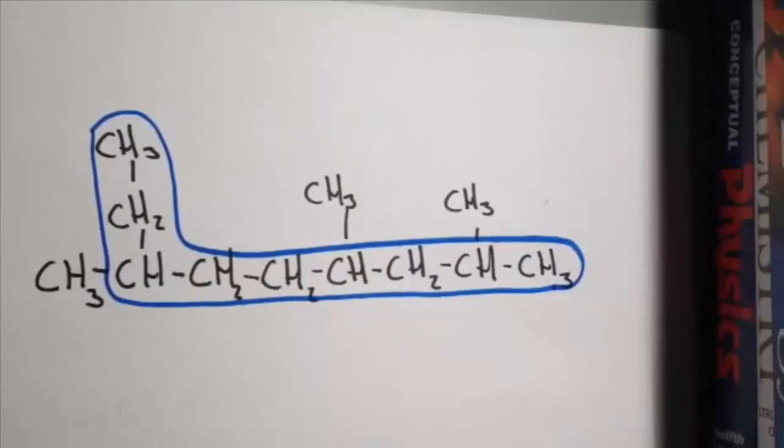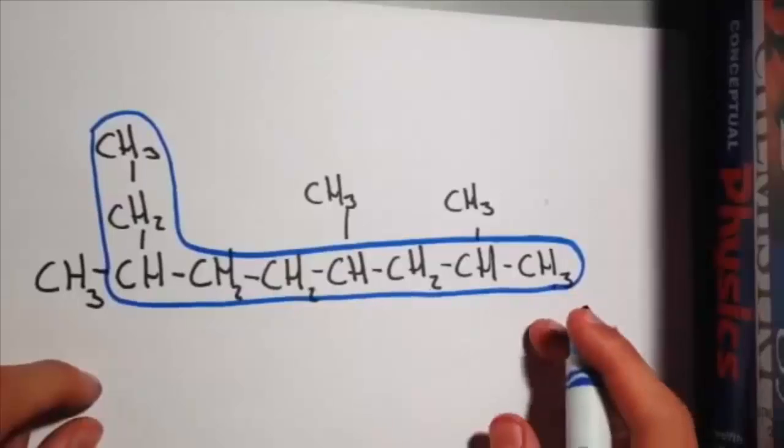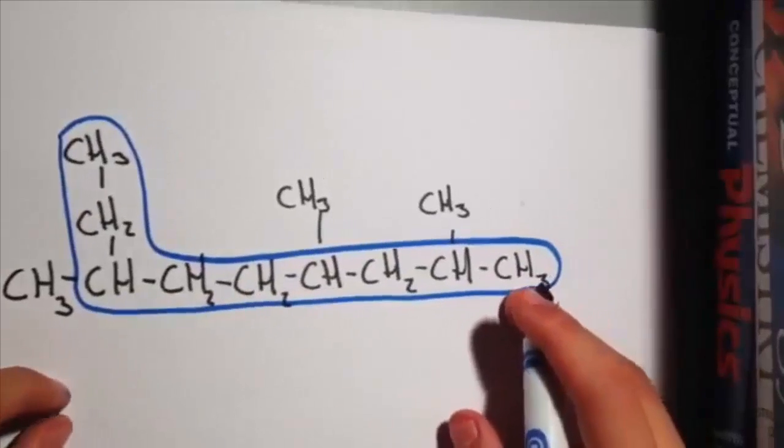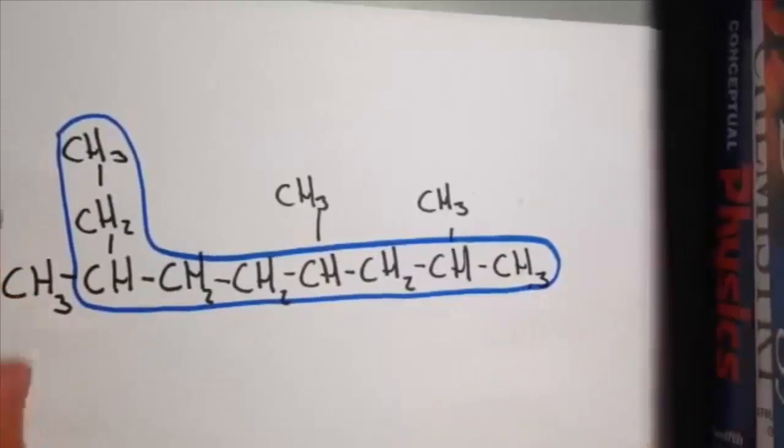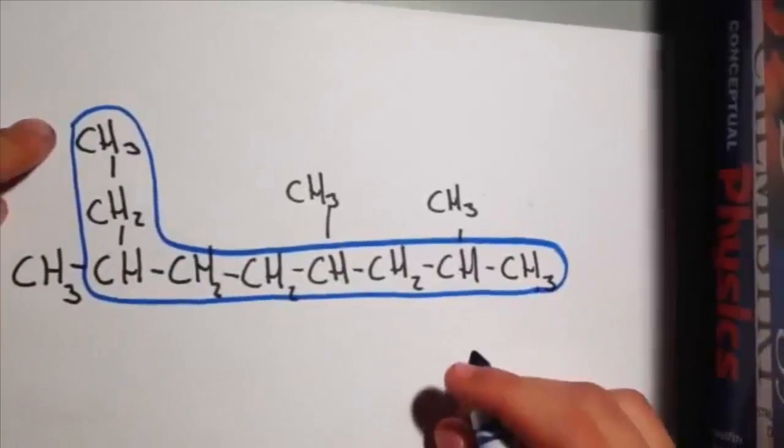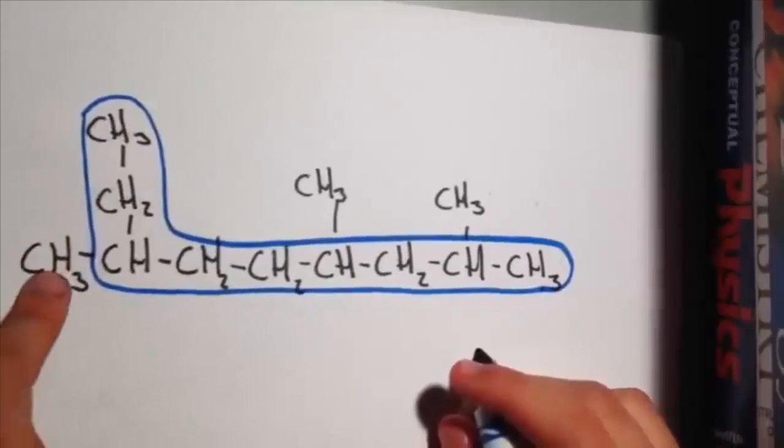Then the second step is to number each carbon, giving all substituents the lower numbers. You need to put a number, but the question is whether I start at this point or at this point. If I start at this point, it's 1, 2, 3.